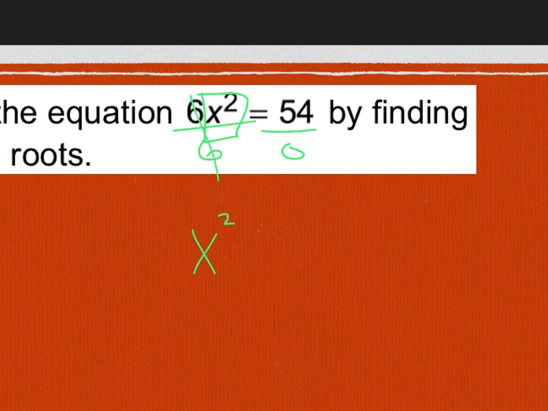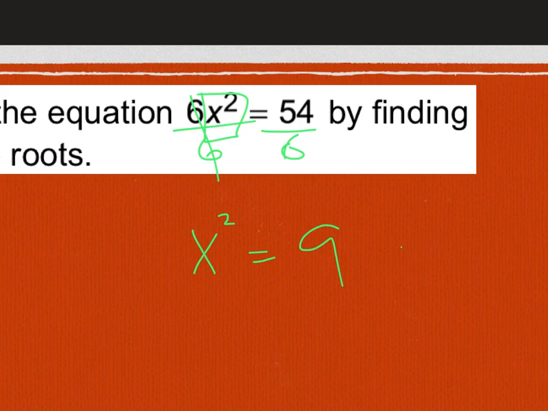So we have x squared is equal to, what's 54 divided by 6? Nine? 9. So x squared is equal to 9.